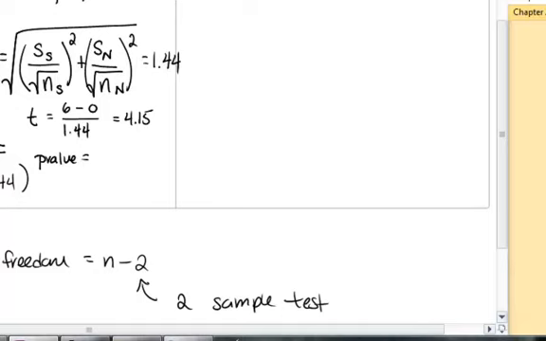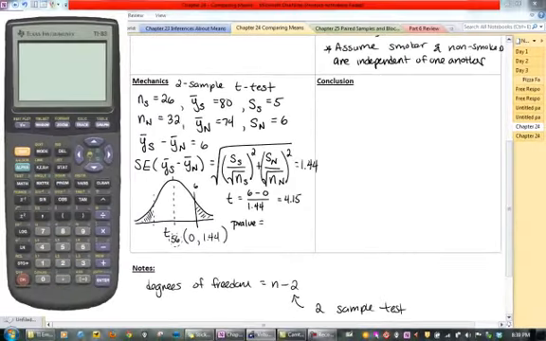All right, so to do that on our calculators, we are going to go to second distribution, and we want TCDF, so that's number 5, and we want to go from 4.15 standard deviations above the mean to some large number. And remember, we also have to put in our degrees of freedom, which is 56. All right, so we get 5.71 times 10 to the negative 5, which is approximately 0.